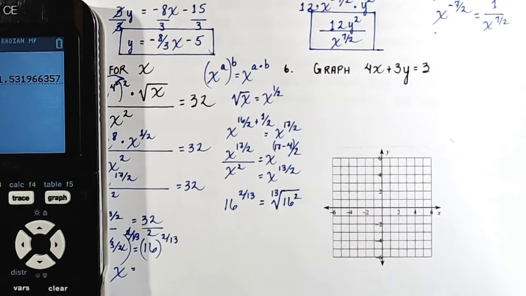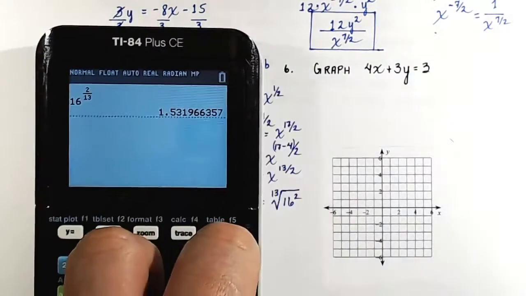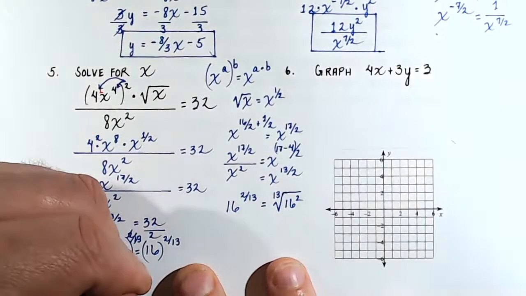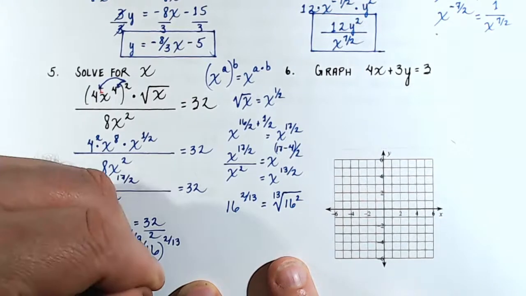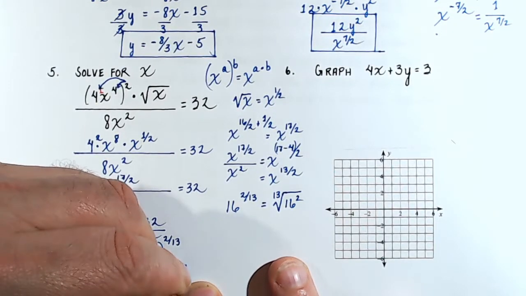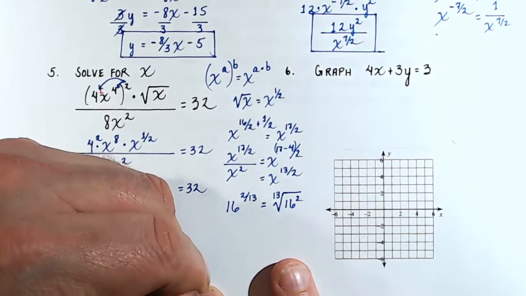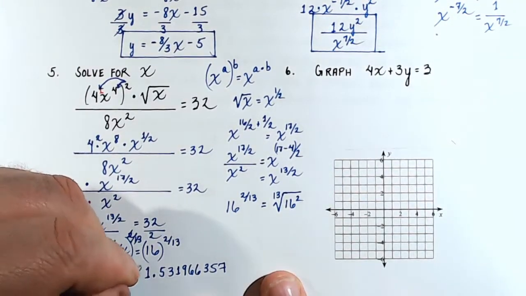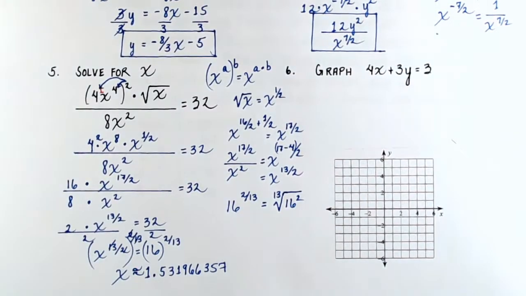You get 1.531966357. Okay? So x equals 1.531966357. And that's just an approximation. Okay?